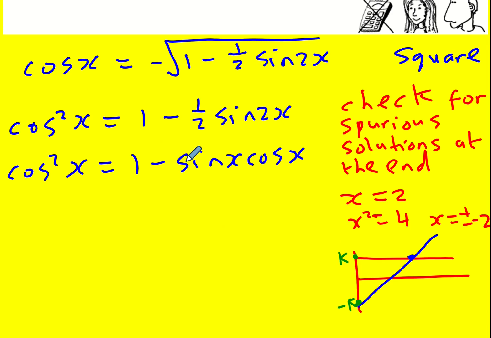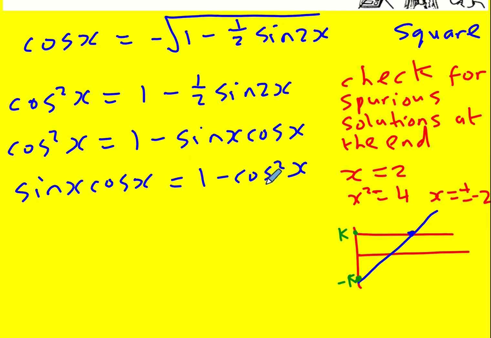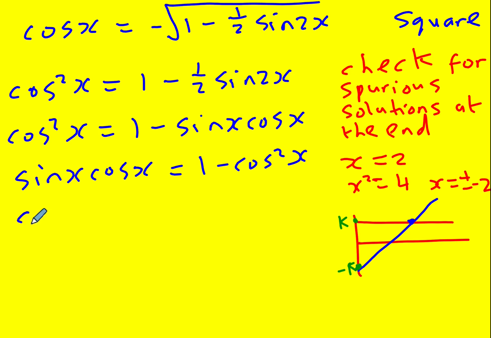But actually, you can rearrange the equation. So sine x cos x is going to equal 1 minus cos squared x. And this is good news because 1 minus cos squared x is sine squared x. So I'm just taking it bit by bit and manipulating it.